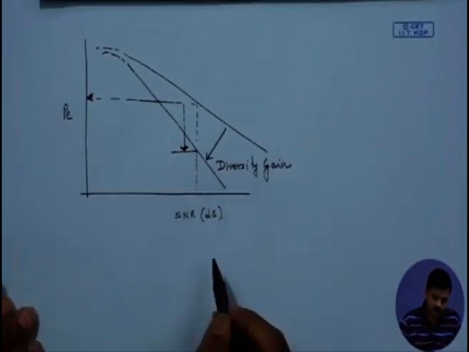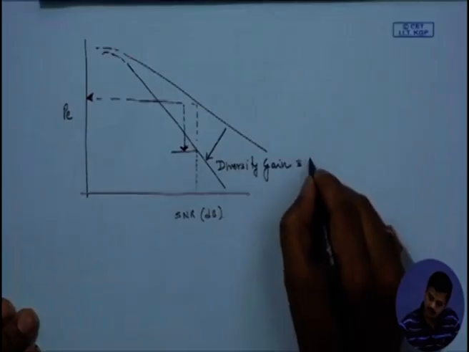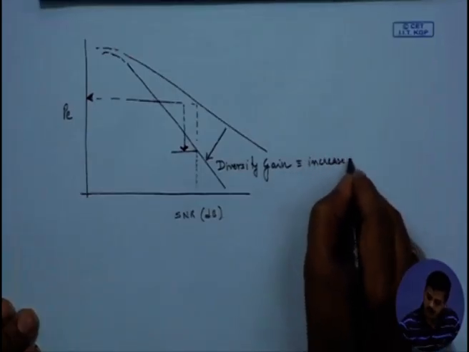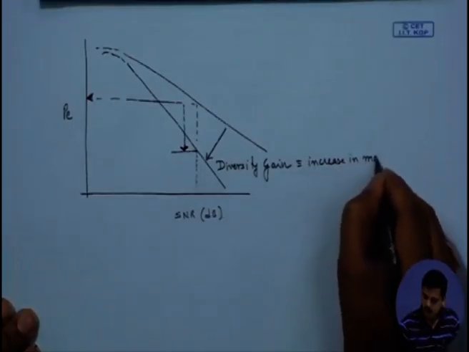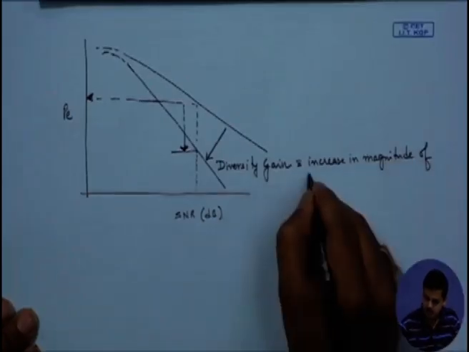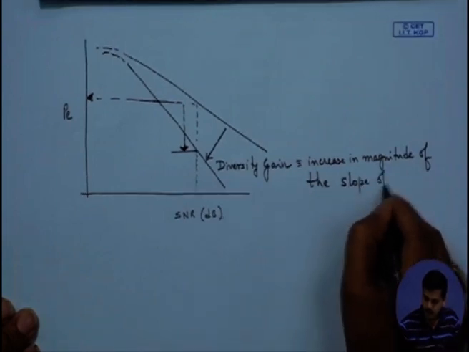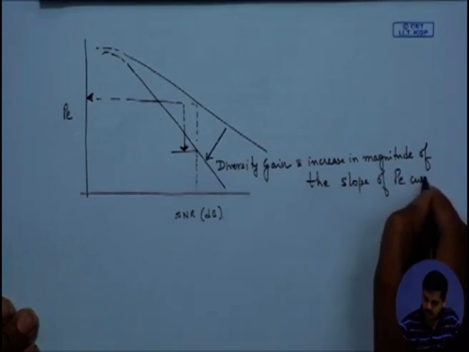It's basically an increase in the magnitude of the slope of the probability of error curve.